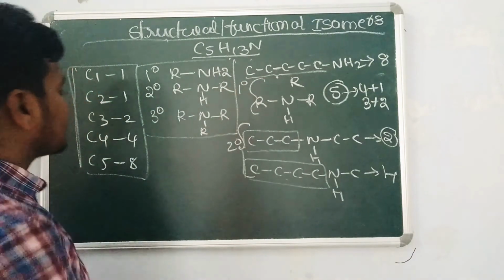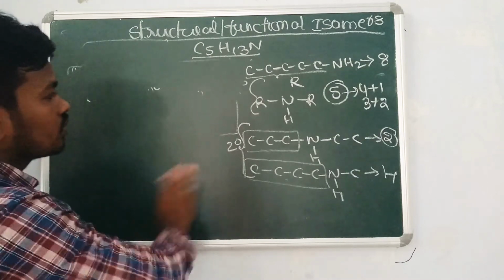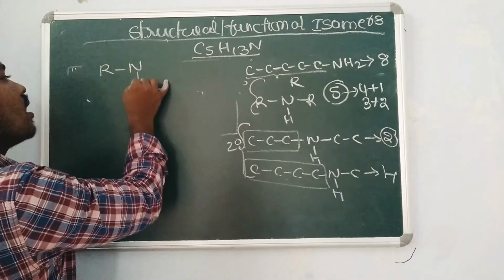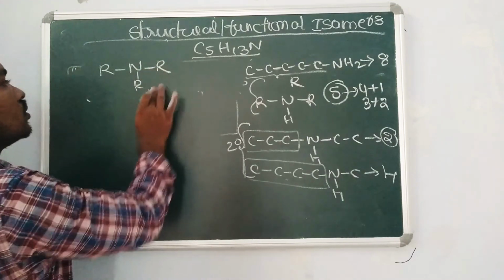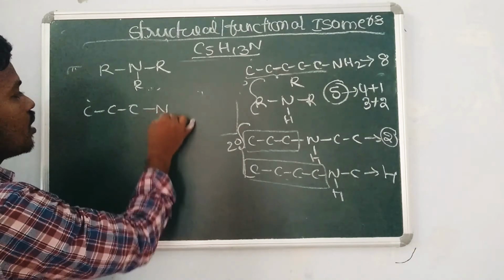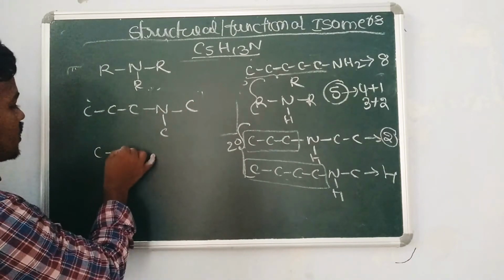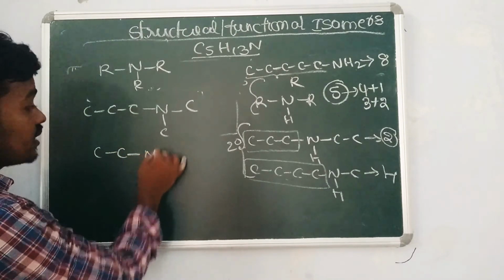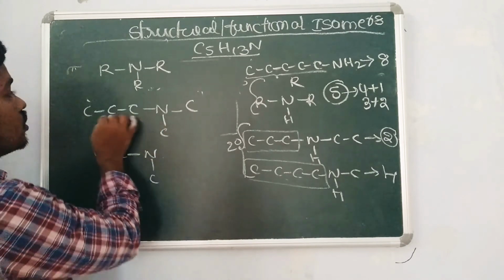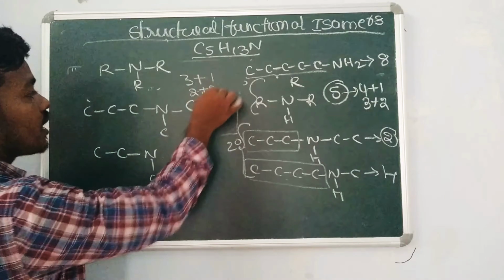What about the tertiary amine? Tertiary amine we write as R, N, R, R. With 5 carbons, we can write 3 plus 1 plus 1 or 2 plus 2 plus 1 carbons around the nitrogen.